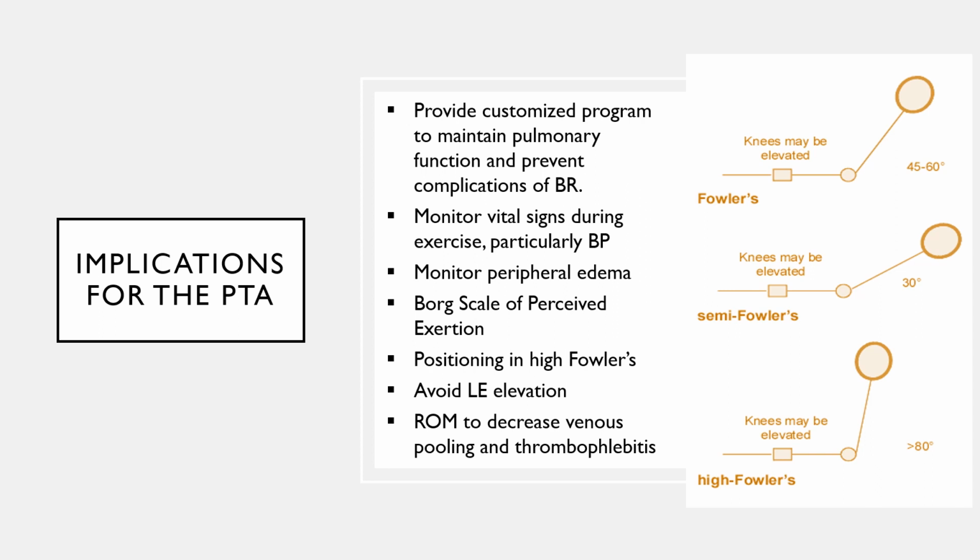Early detection of these signs allows for prompt intervention and prevent further complications. Overall, proper positioning techniques are integral components of CHF management to optimize respiratory function, alleviate symptoms, and reduce the risk of complications.